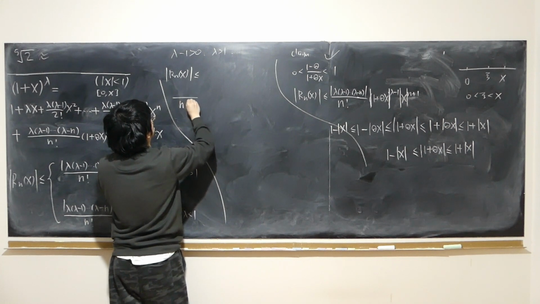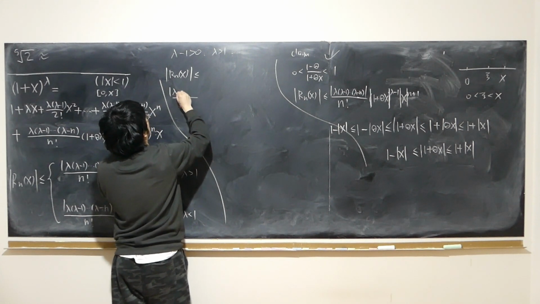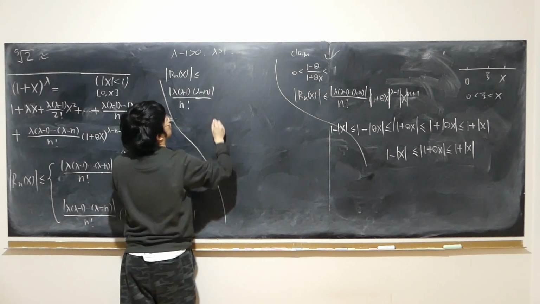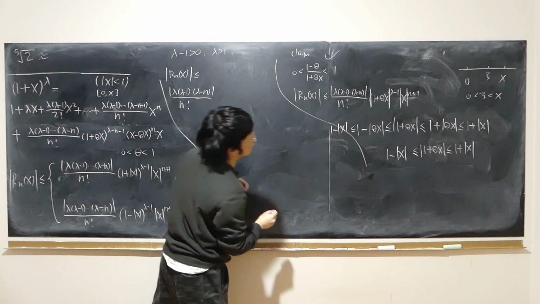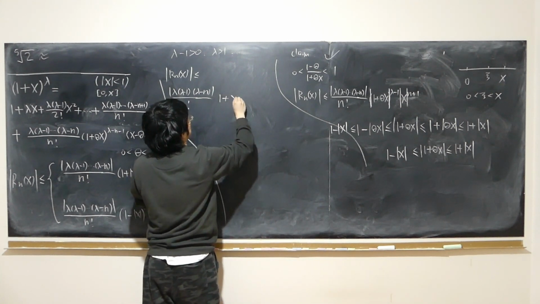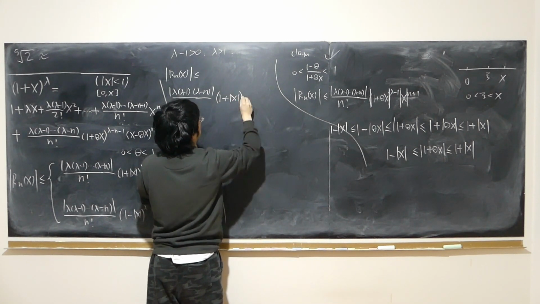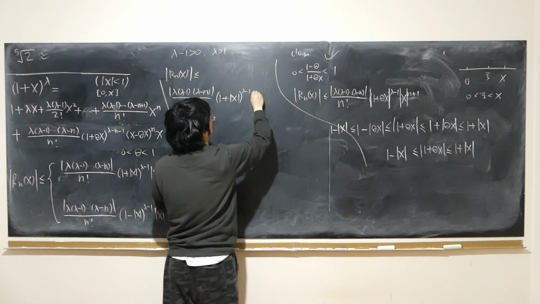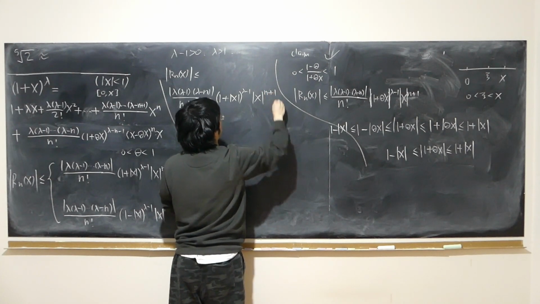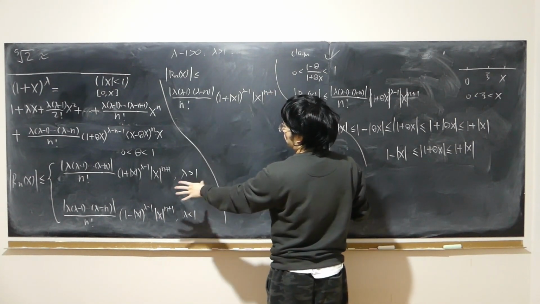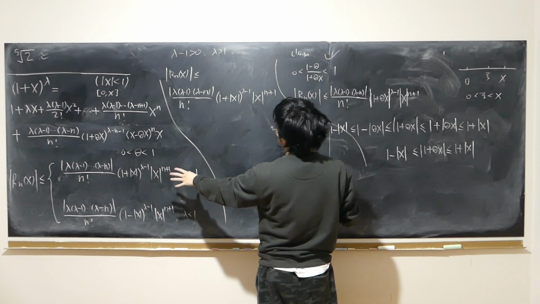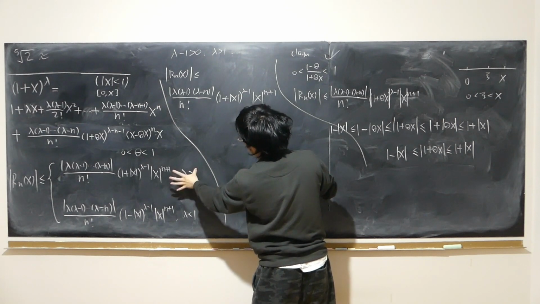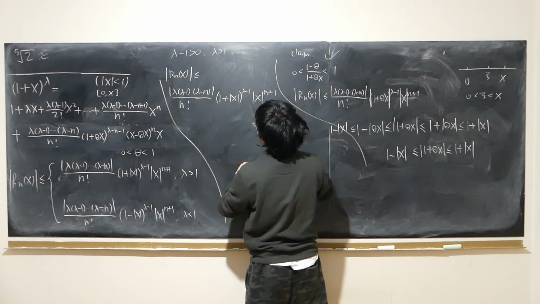So n factorial, absolute value of lambda times lambda minus 1, all the way down to lambda minus n, multiplied by 1 plus absolute value of x to the power of lambda minus 1, multiplied by absolute value of x to the power n plus 1. So I'm done with this part. This is verified. When lambda is bigger than 1, we're fine.